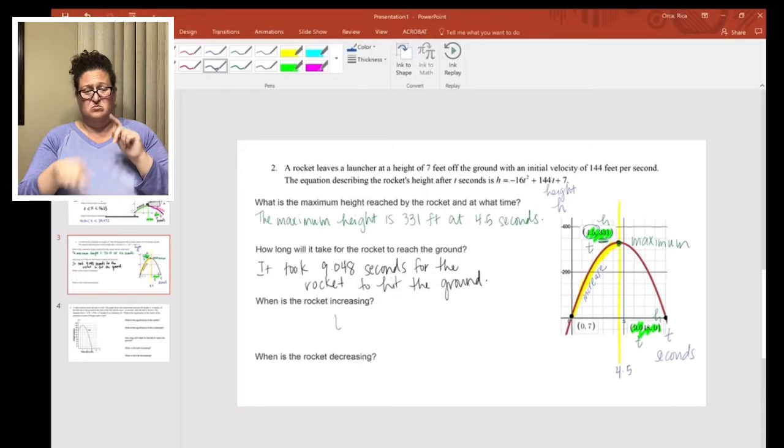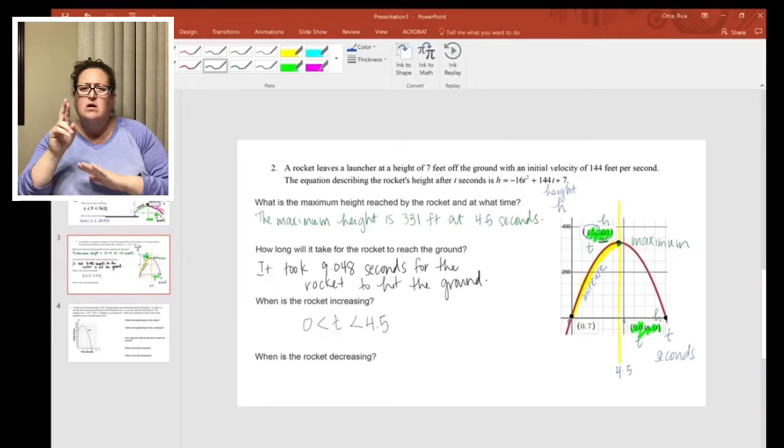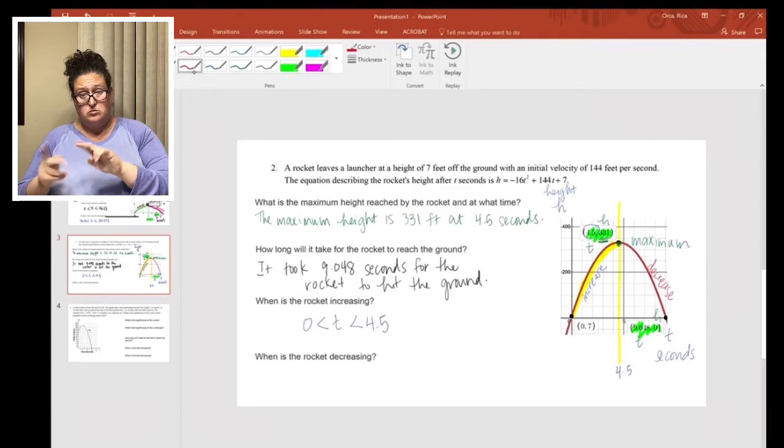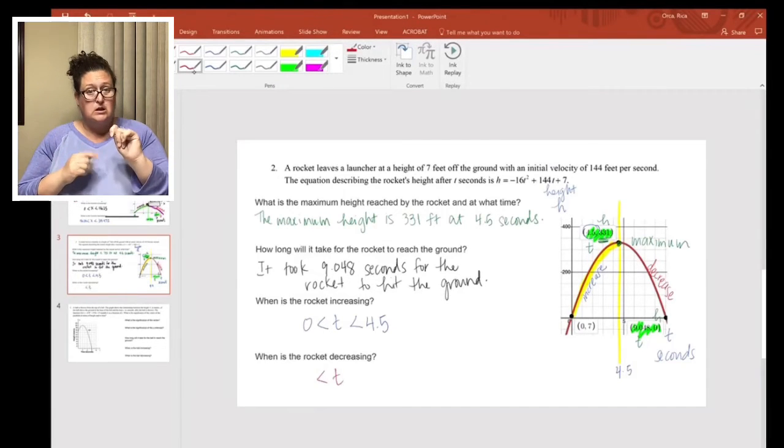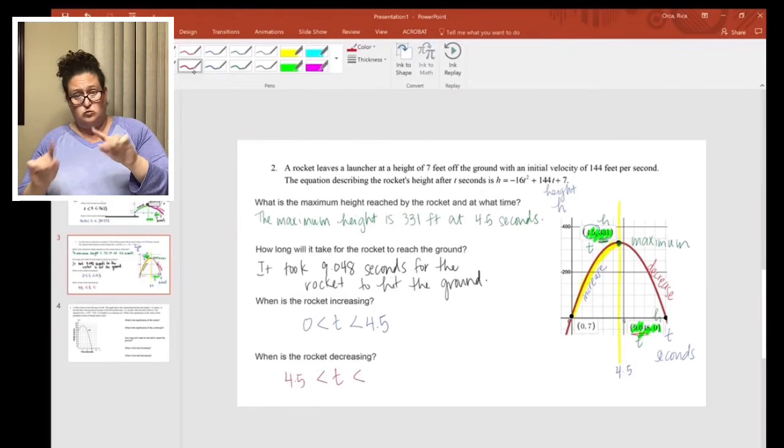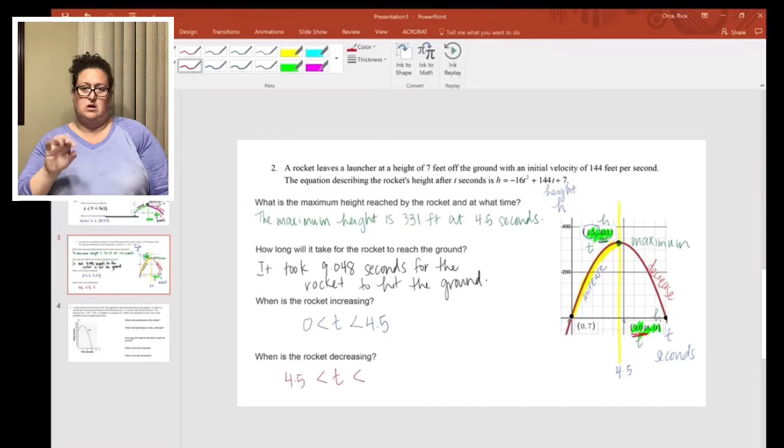When t is between 0 to 4.5. When is the rocket decreasing? The rocket is decreasing when t is between 4.5 to 9.048.